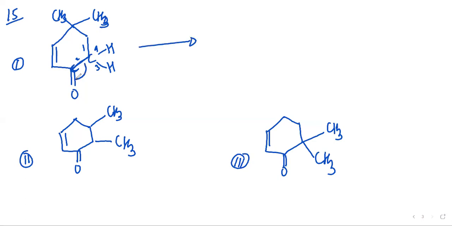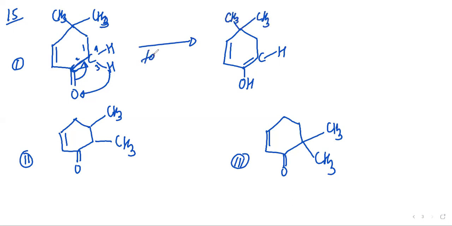This pi bond is shifted to this carbon and one hydrogen will come here. Then it will look like this: this will be OH and the double bond will be here, and one hydrogen will remain. One is shifted here, now with OH, and this will be the branching of CH3. So this is the tautomerism. Understood? Now look here at the second compound.